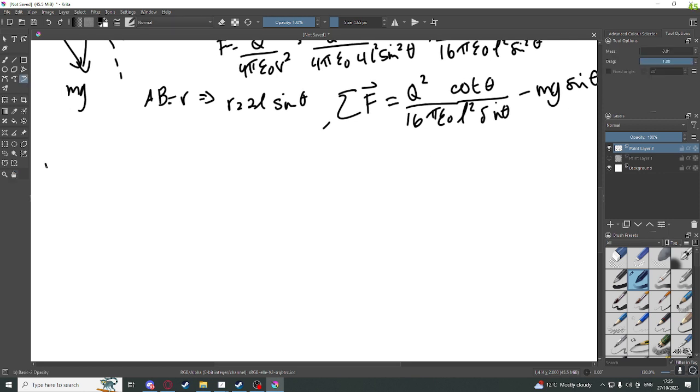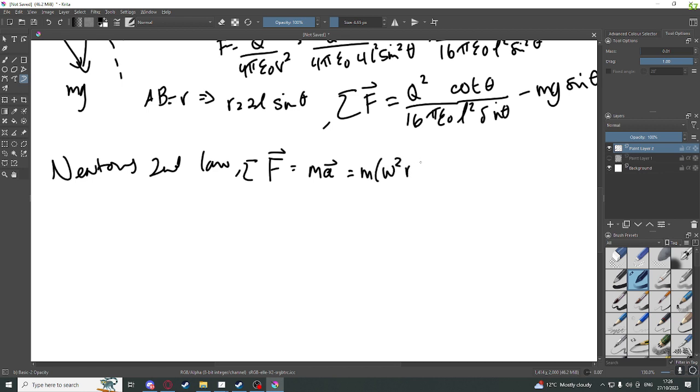And using Newton's second law, the sum of the forces is equal to ma, and the sum of the forces is equal to m omega squared r, which is equal to m theta dot squared r.